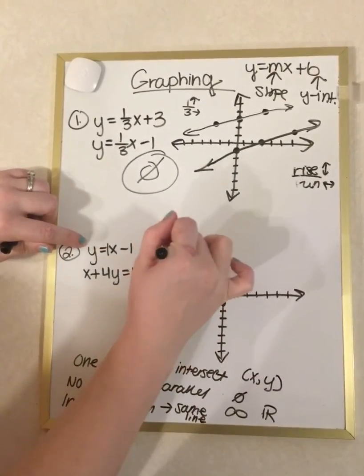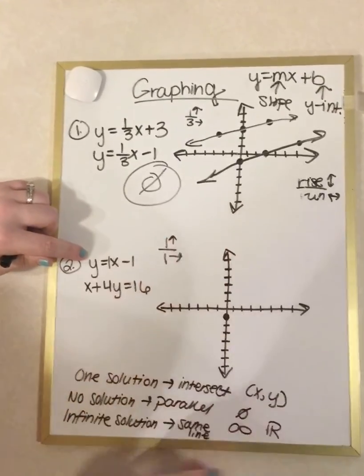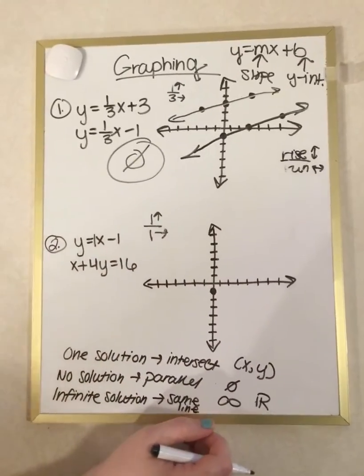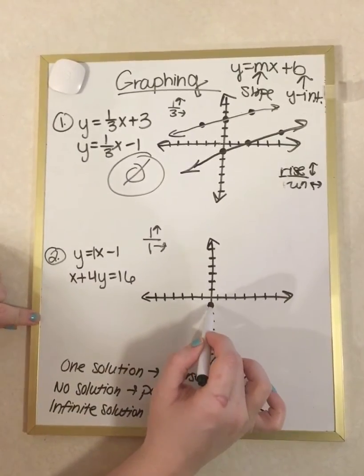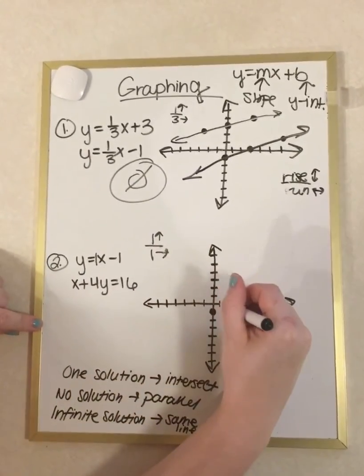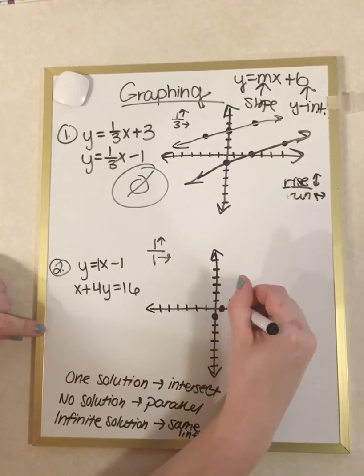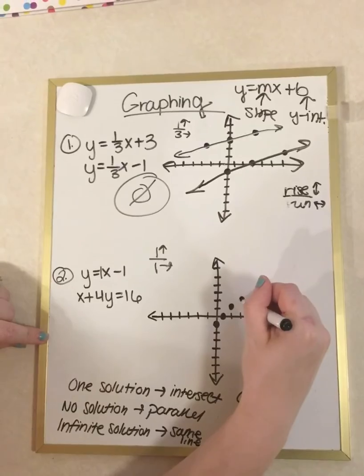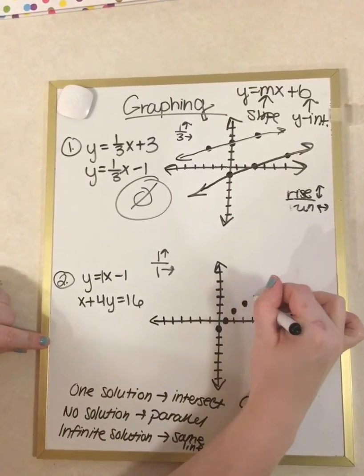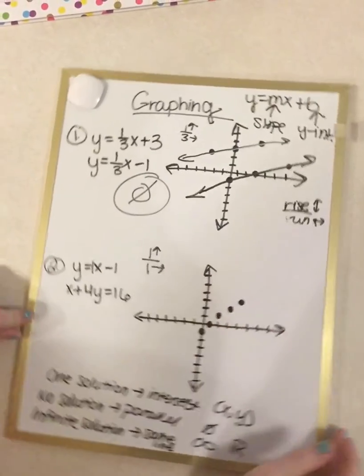So that means we go up 1, right 1. We do a slope of 1/1. So from the y-intercept, we're going to go up 1, right 1, and keep repeating that.